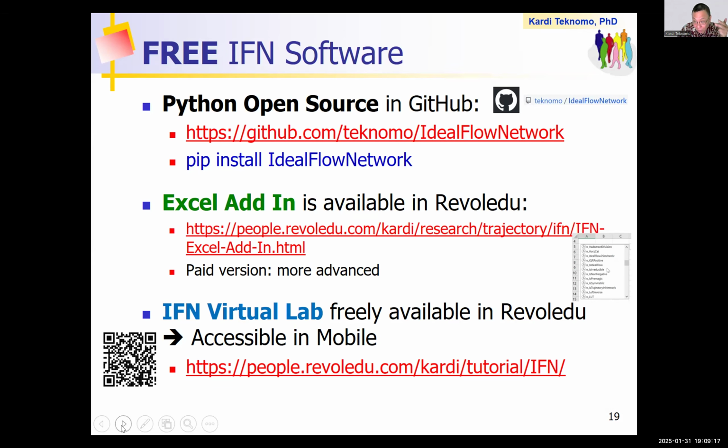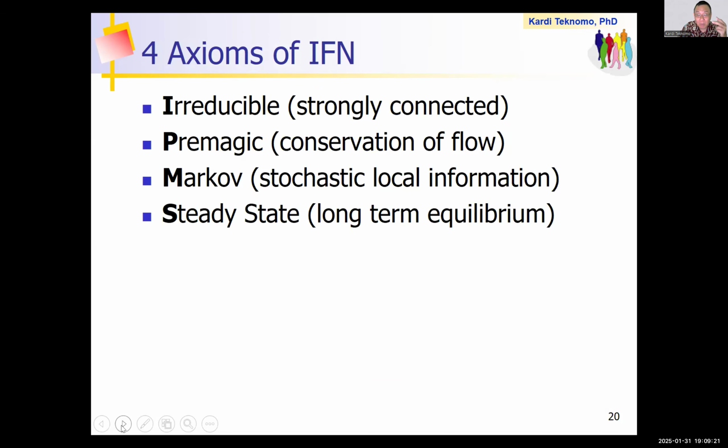So now, if you want to apply IFN in your daily life, you need to remember these four assumptions. Number one is irreducible, or strongly connected. Your network must be strongly connected. Right? Number two, the flow must be conserved. That's called premagic.